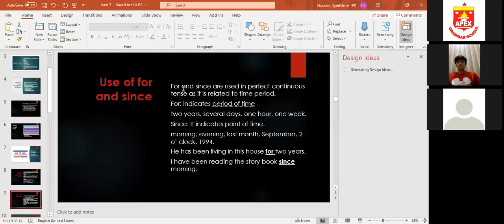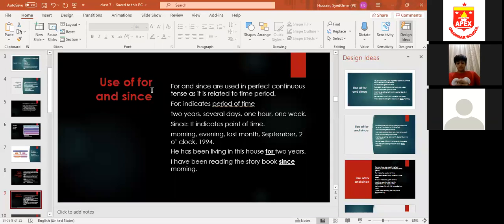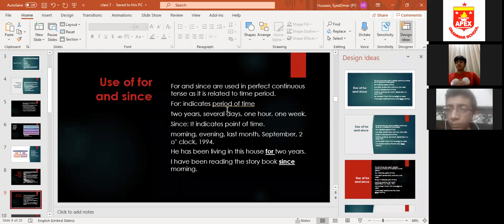Use of for and since. With which sentences we put for and with which sentences we put since. Very important. For and since are only used in perfect continuous tense, present, past, future, because it is related to time period. For indicates a period of time: a number, 2 hours, 3 days, 4 months, 1 week, several days.